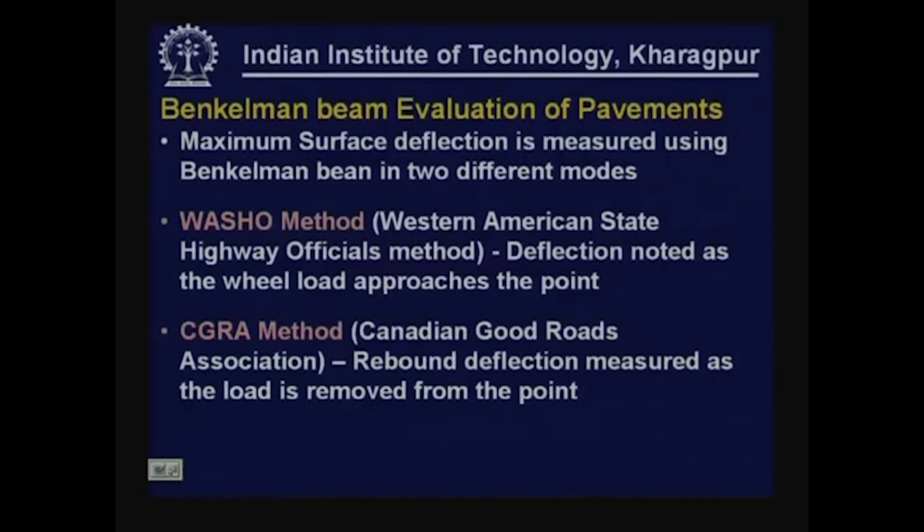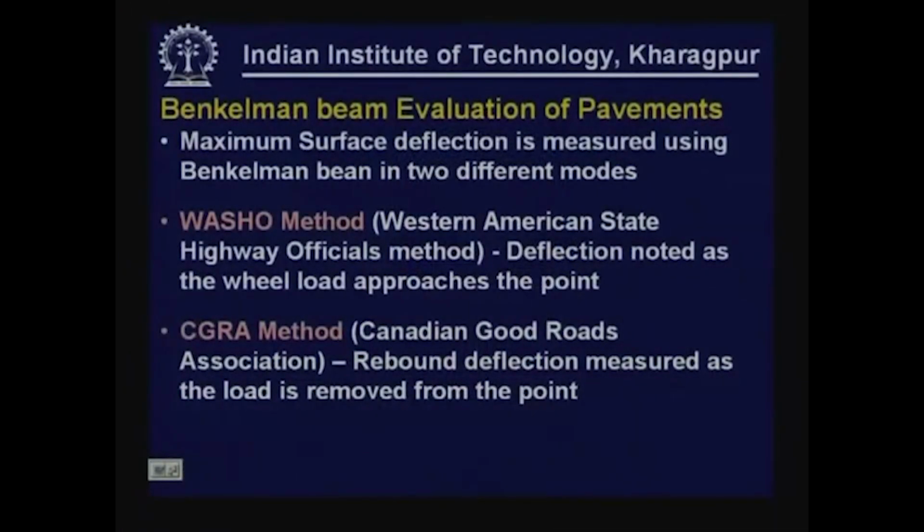Maximum surface deflection is measured using Benkelman beam in two different modes. There are two different procedures using which you can measure the maximum deflection. One is the WASHO procedure, Western Association of State Highway Officials method, in which the deflection is noted as the wheel approaches the point. The wheel will initially be away from the point, and then as it approaches the point, we measure the deflection.